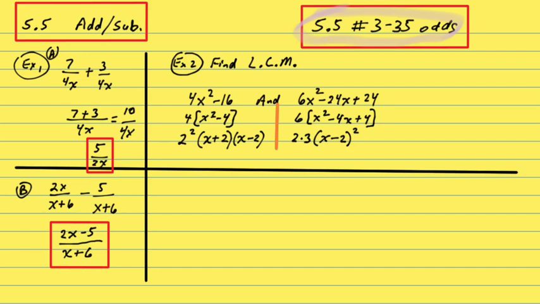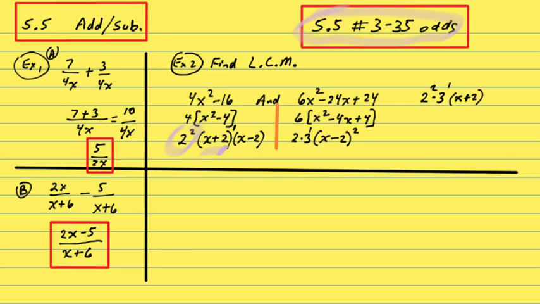Now that we have them factored, we want to take the highest power of each factor. What's the highest power of 2? I see a 2 to the first and a 2 to the second. So that's my highest power of 2. What's the highest power of 3? 3 to the first. What's the highest power of x plus 2? Well, that's only raised to the first.